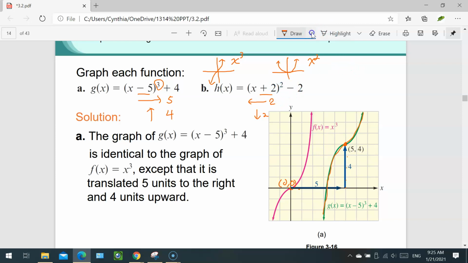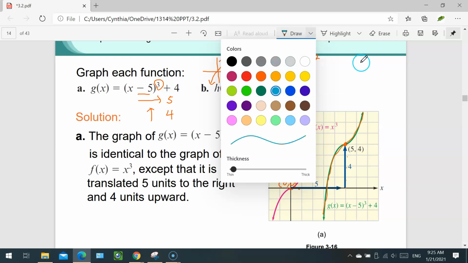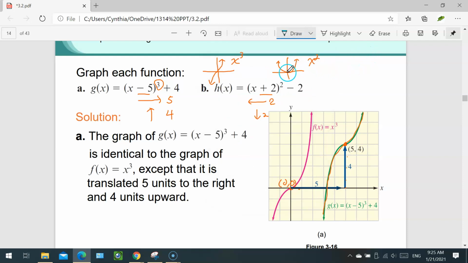The way we translate this function using the parent function is to simply shift the vertex point to the left-hand side 2 and then go down 2 units here. So this will be the new vertex point.